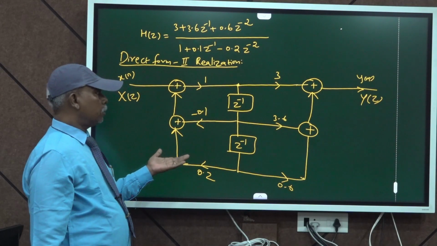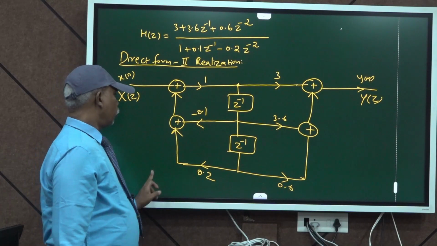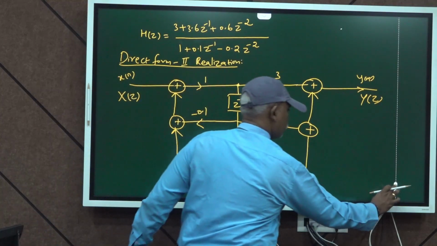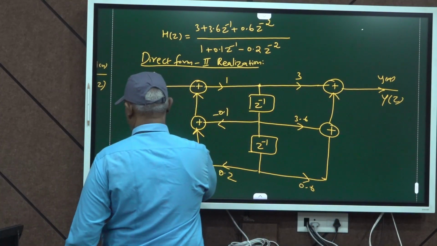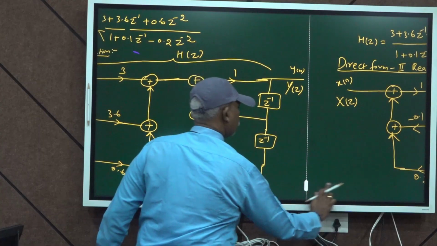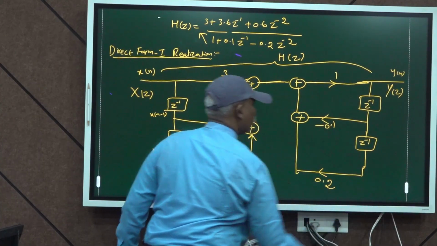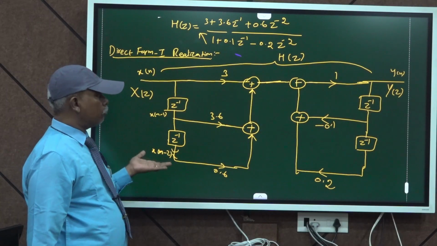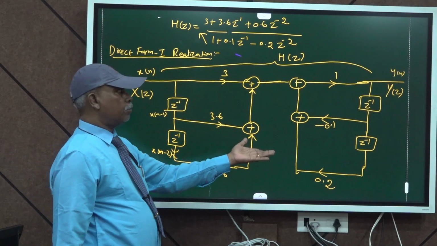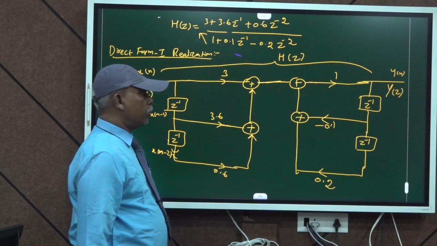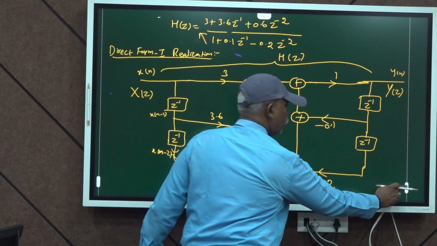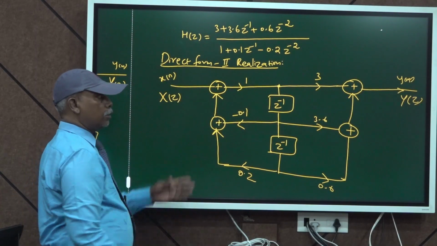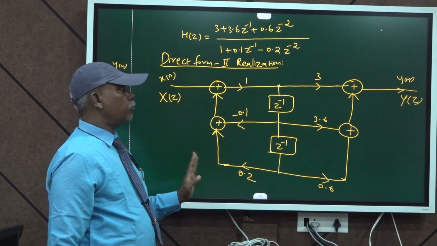At that time we had 4 delay elements: input side 2 delay elements and output side 2 delay elements. Now it can be reduced to half. Only 2 delay elements are required to construct the filter, but we got the same output.